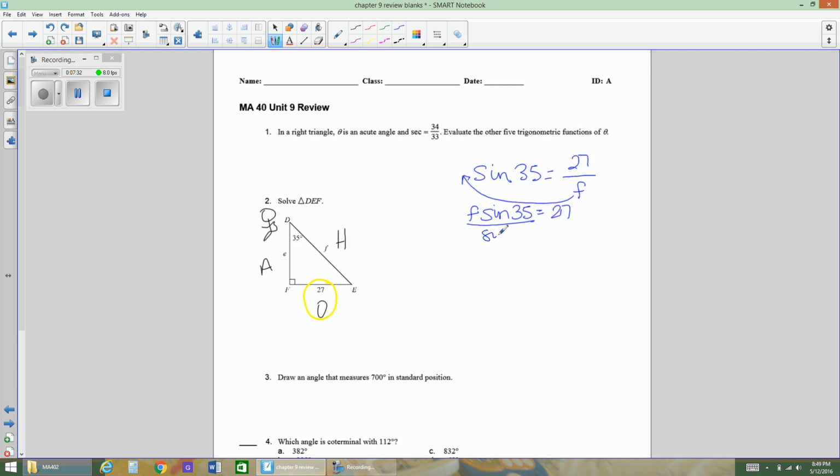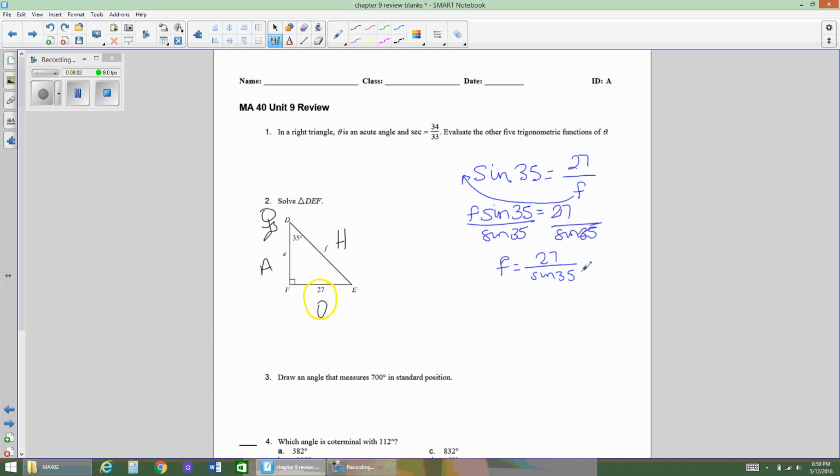I'm going to divide the sine of 35 down. And now I know that F is equal to 27 divided by the sine of 35. Basically, they just switch spots. Now, in your calculator, you absolutely must make sure you're in degree mode. If you are not in degree mode, this is not going to work for you.